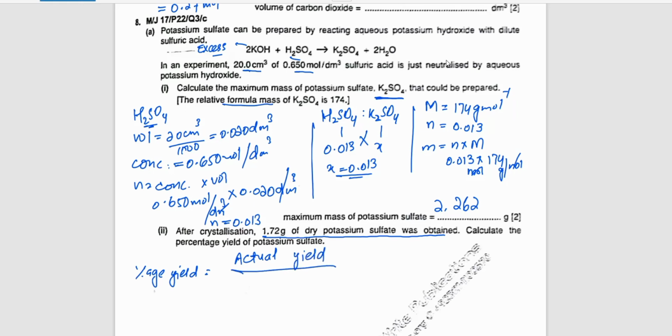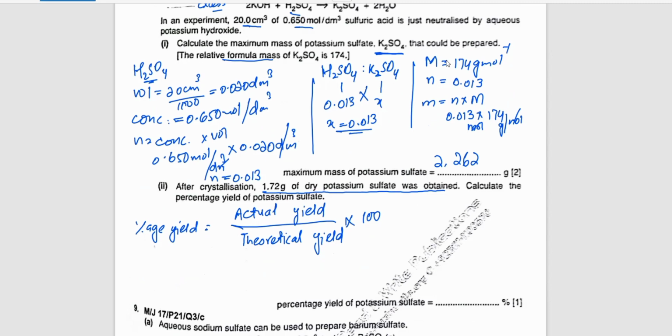And what we get theoretically is written in the denominator. So actual yield is what we get in real.